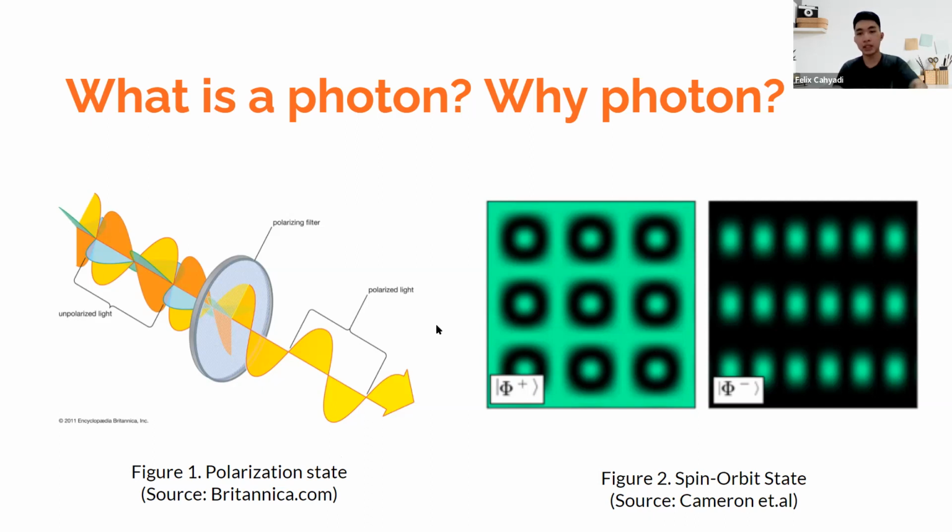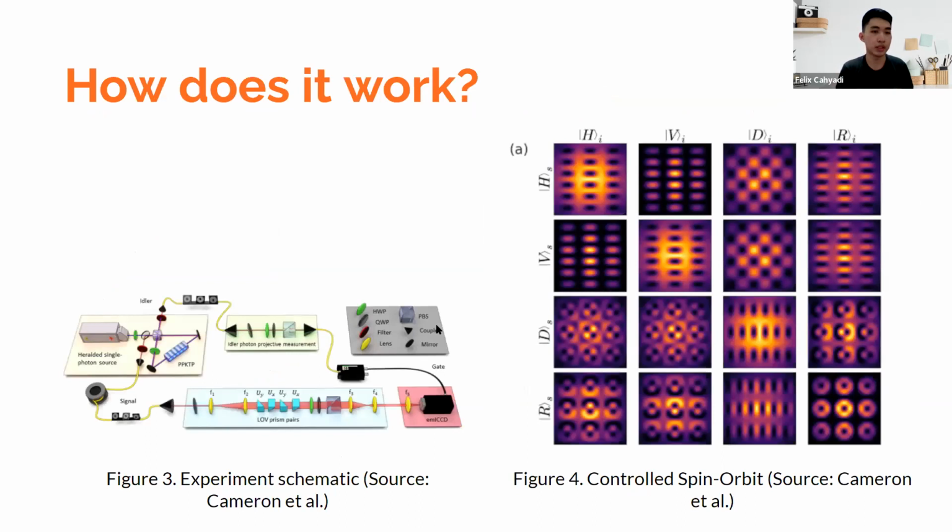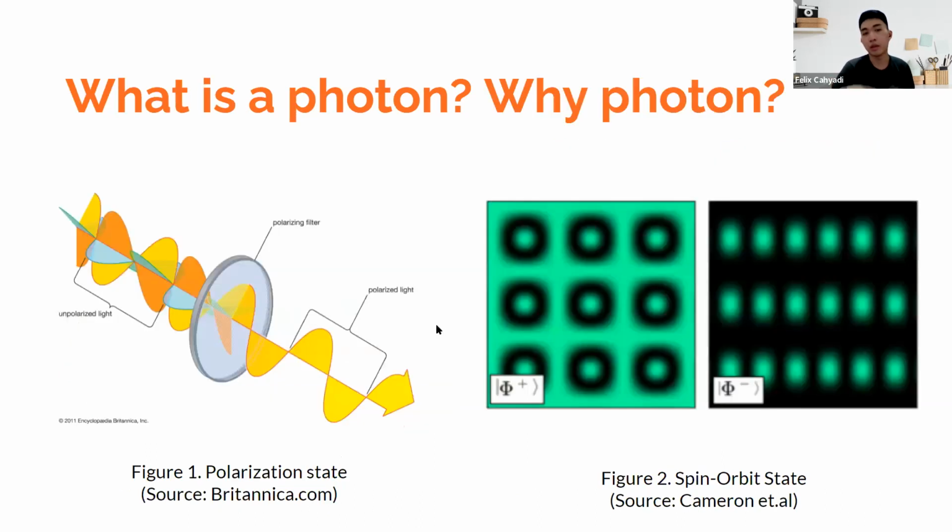Basically, what we want to do in this research is to use the polarization state to control the shape of the spin orbit state, which is the state that we see in the detector.